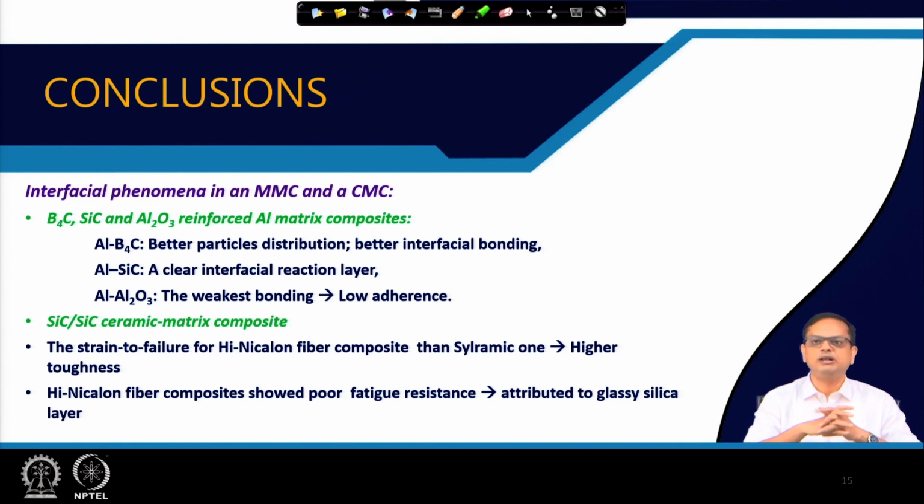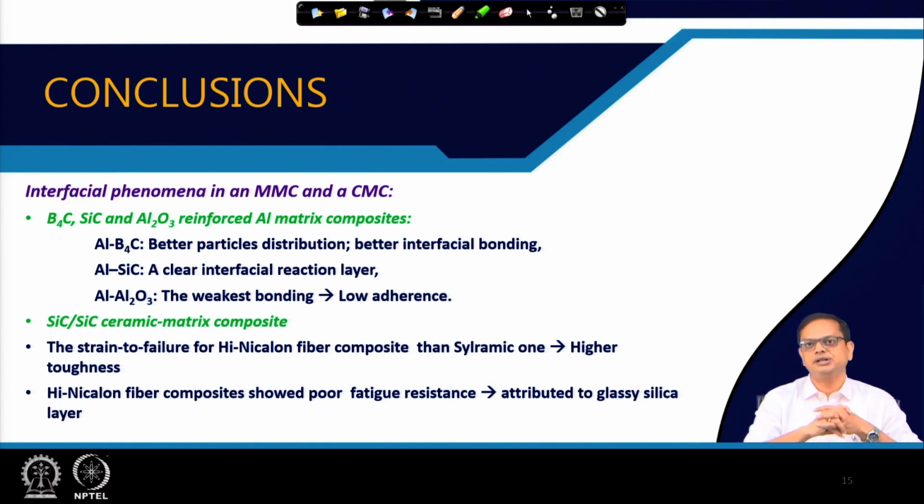The second case was a silicon carbide matrix with silicon carbide reinforcement. It is basically a ceramic matrix composite, and the whole thing is glued together by silicon melt. Silicon melt's role is to hold everything together, and some amount of silicon gets converted into SiC and SiO2 also.